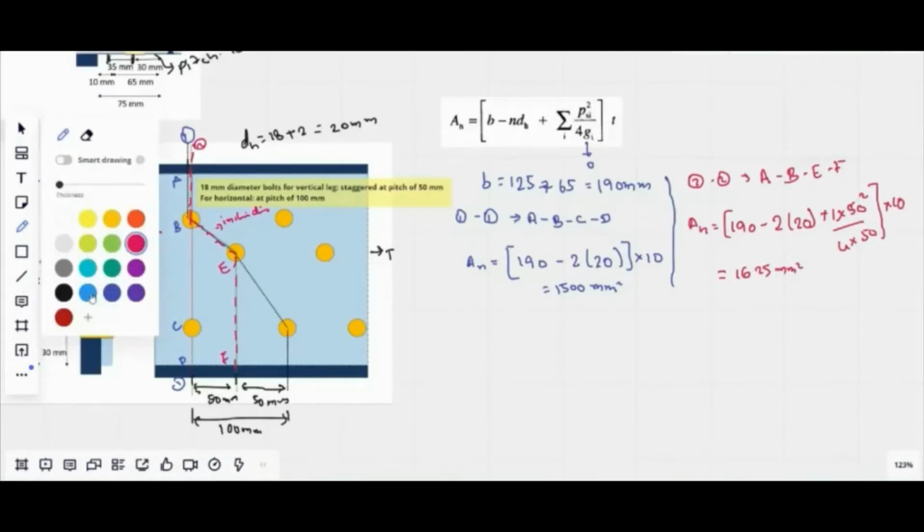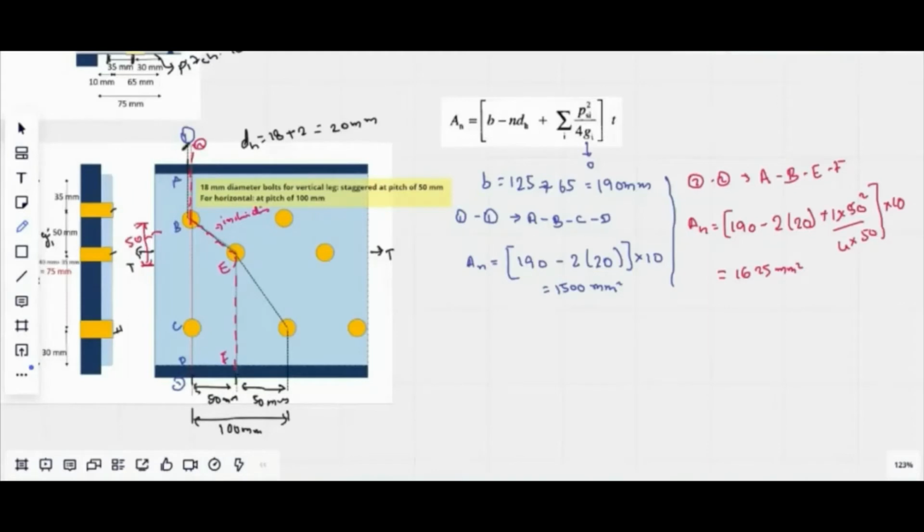Now let us consider the case 3, section 3.3, which is starting from the point A and meeting the point B, moving towards the E. There are two possible ways here in which my section may differ.